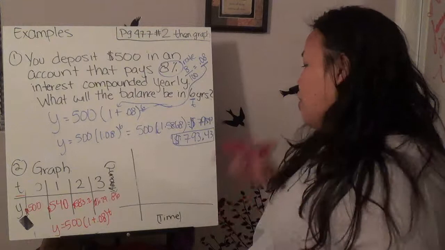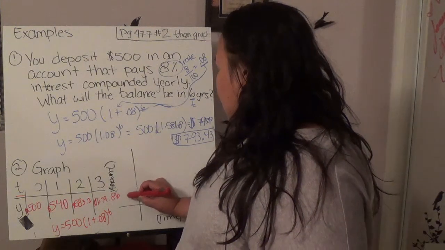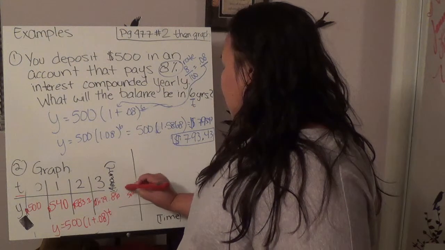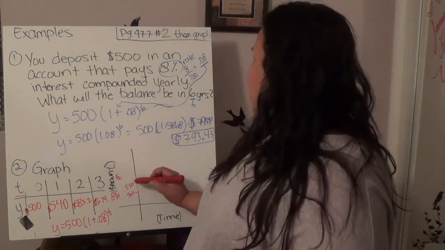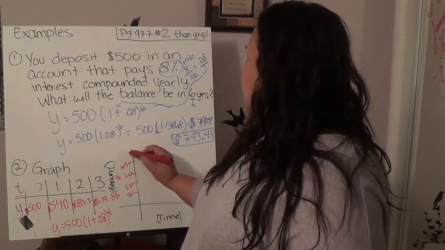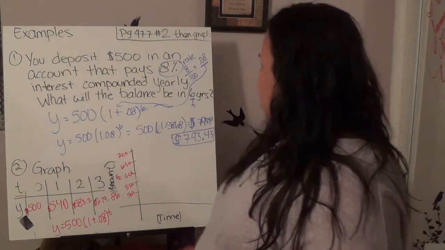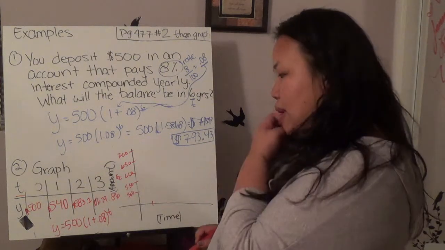Okay, so if I wanted to do this, this would be 500, 550, 600, 650, 700. This is the amount in dollars. And this is the time.